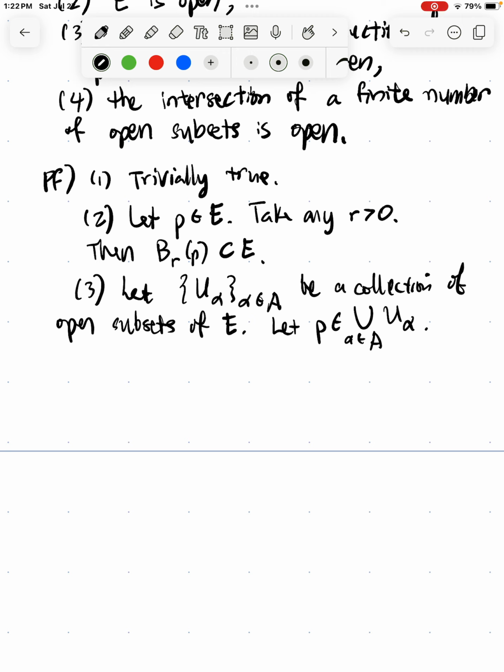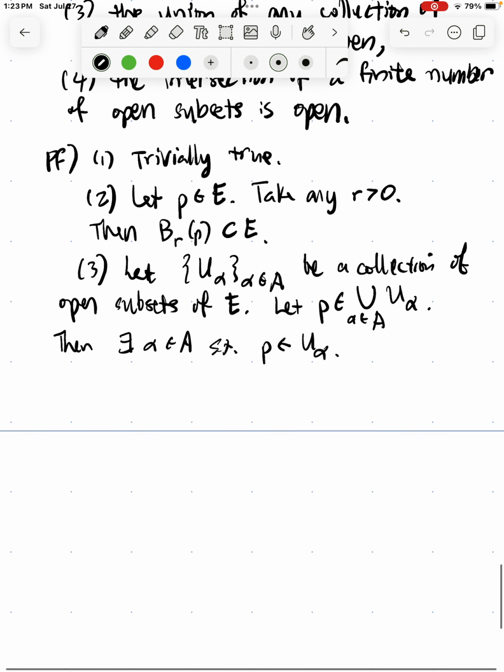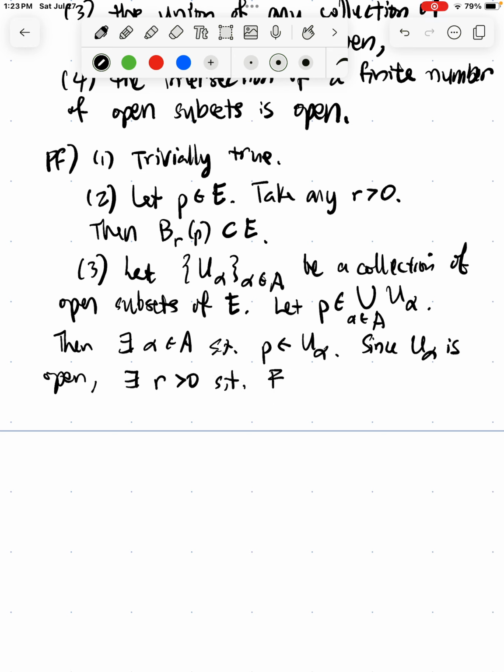So we want to show that there's some open ball centered at P that's contained in the union. Well, since P is in the union, there exists alpha in A such that P is contained in U alpha. Now U alpha is open, so there exists some r greater than 0 such that the ball centered at P of radius r is contained in U alpha.